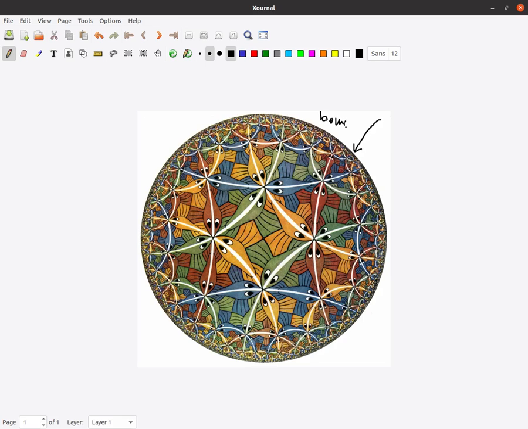The boundary here corresponds to infinity.